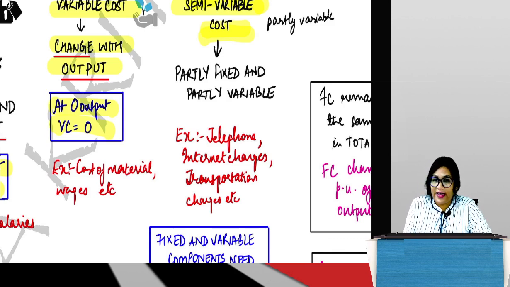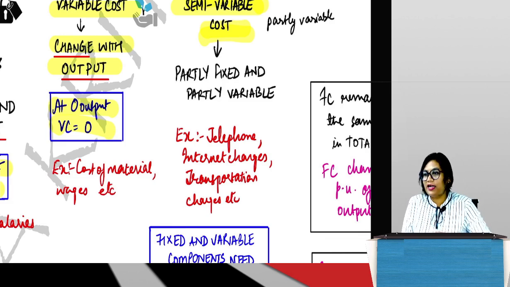So guys, always remember, when we are classifying costs, we always classify them into two types only, which is fixed and variable. If semi-variable is given to us, what will we do? We will split its fixed and variable component from each other.